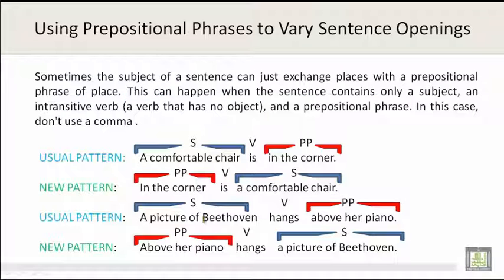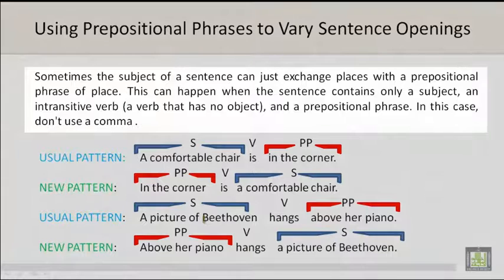Using prepositional phrases to vary sentence openings. Sometimes the subject of a sentence can just exchange places with a prepositional phrase of place. This can happen when the sentence contains only a subject and an intransitive verb, a verb that has no object, and a prepositional phrase. In this case, don't use a comma.